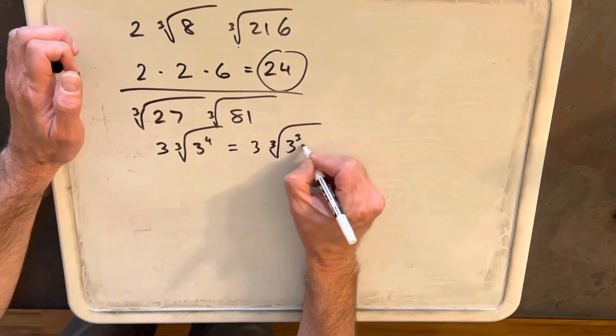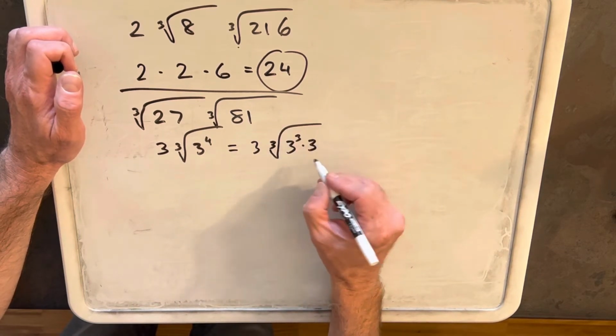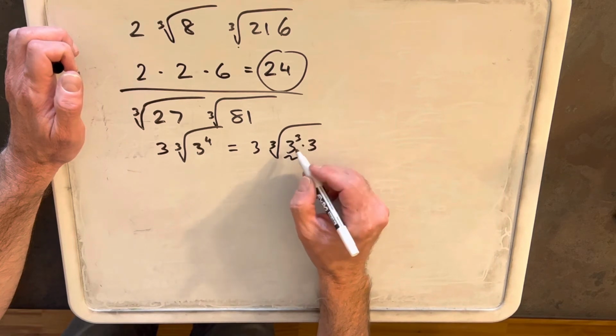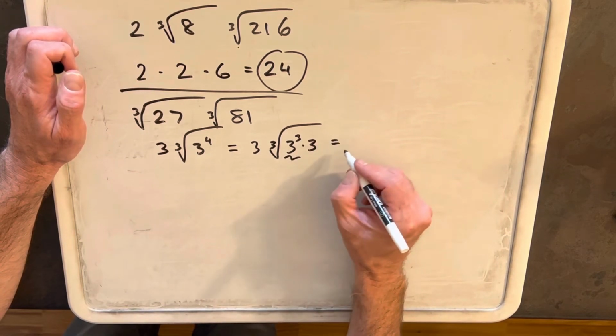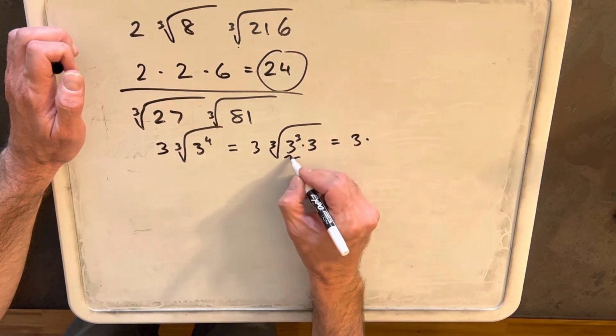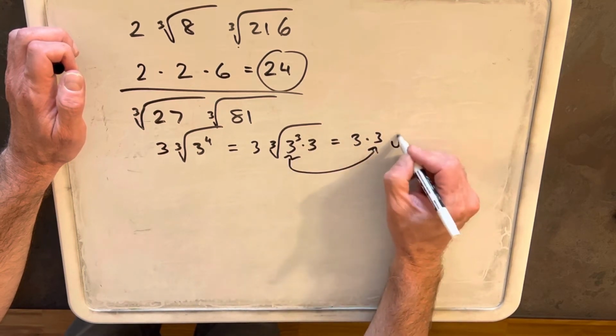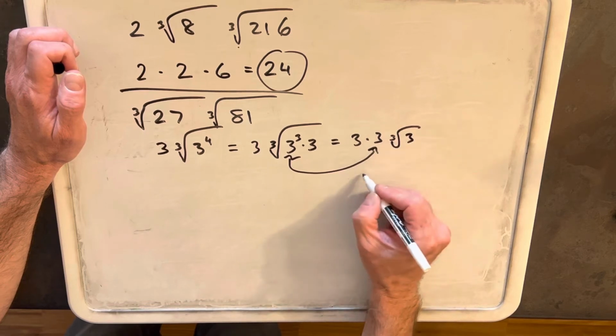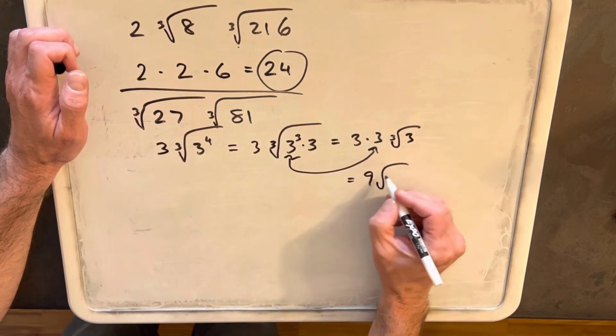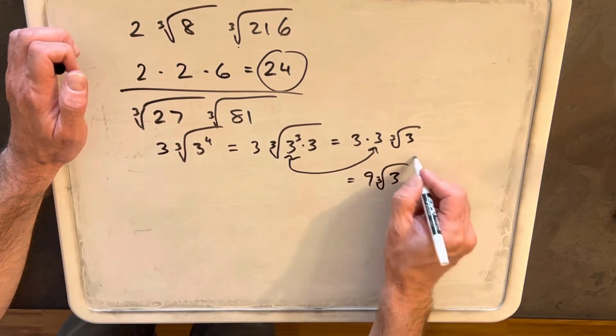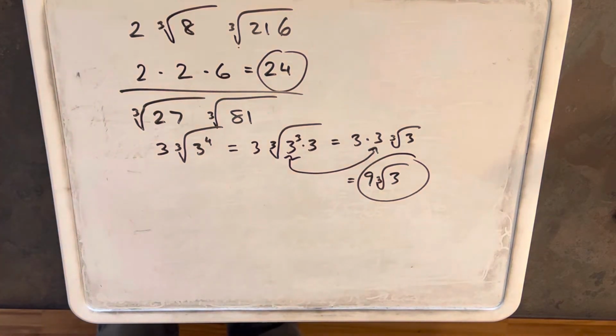We can write that as 3 to the 3rd times 3. But then this piece is just going to be 3 when we separate it. So we're going to have 3 times another 3, which comes from here. And then we're going to have the cube root of 3. So we end up with just 9 cube root of 3. I think it's confusing just because of all the 3's. Otherwise it wouldn't be so bad.